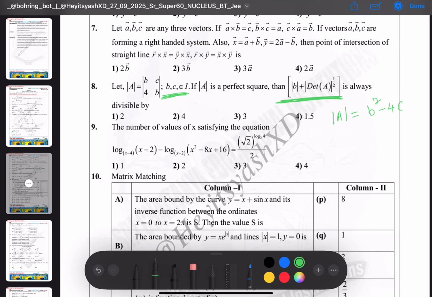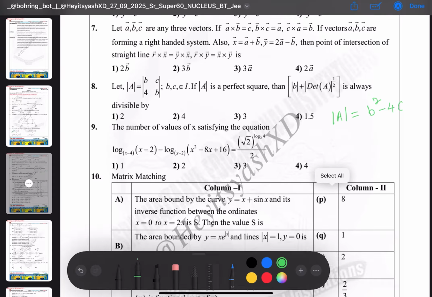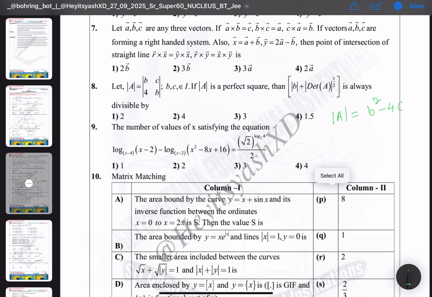When you have a lot of parameters like this, you can just substitute some values. You can choose values for these parameters which will fit into the question. Let us say we choose b equals 3 and c equals 2, then det A will be 1, and this is a perfect square.